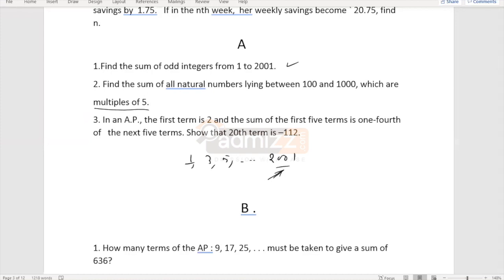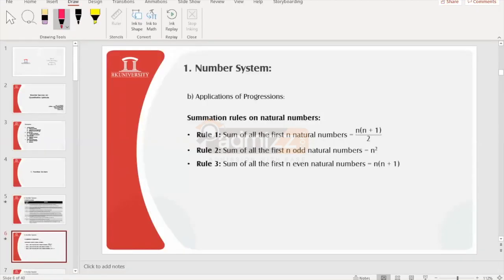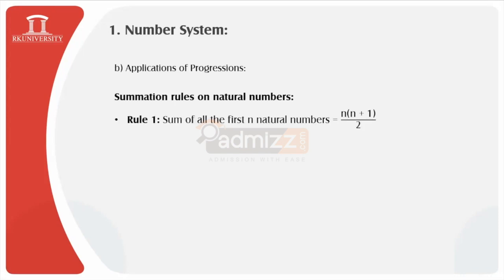So we have seen on the slide which number is divisible by what, all these things we have seen. Now you can see here the summation rule on the natural numbers. What is the summation rule?